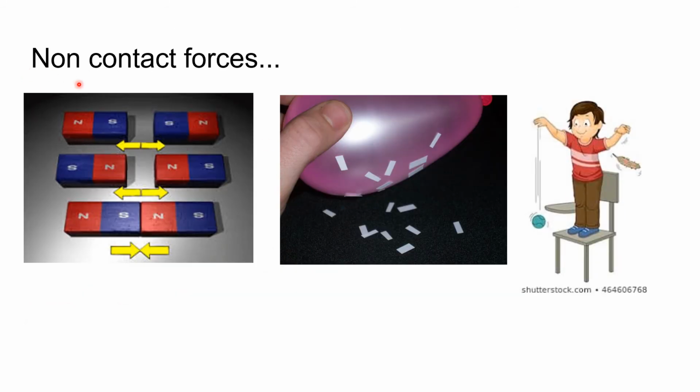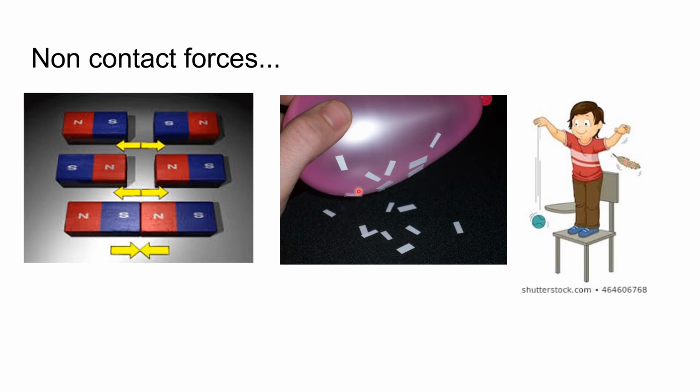So again in this slide, you can see a few examples of non-contact force. In magnetic force, you can see the south and south poles moving against each other, which is an example of repulsion. And the north and north poles moving against each other is again an example of repulsion. Whereas the south and the north are attracted towards each other, which is an example of attraction.